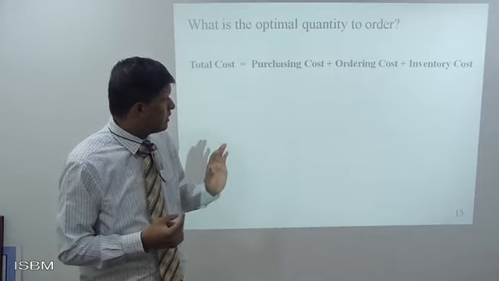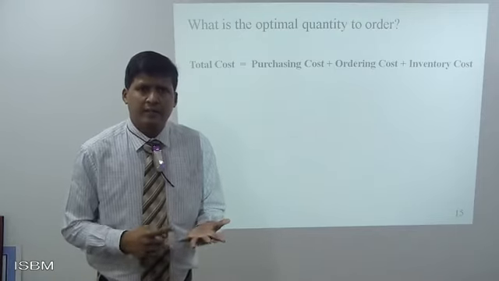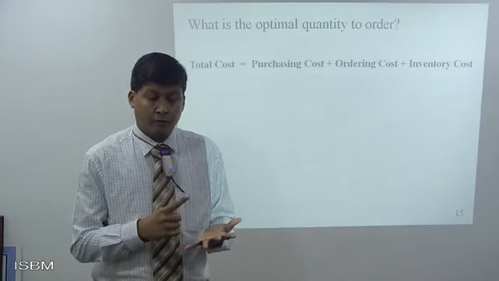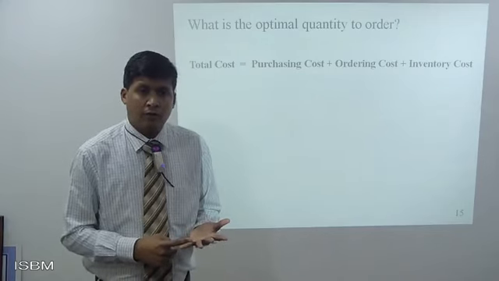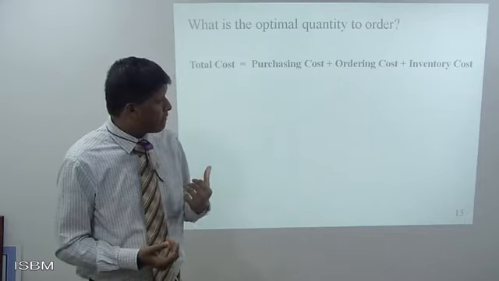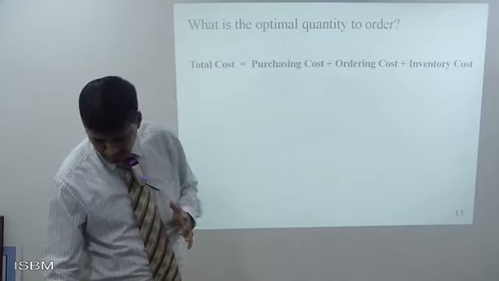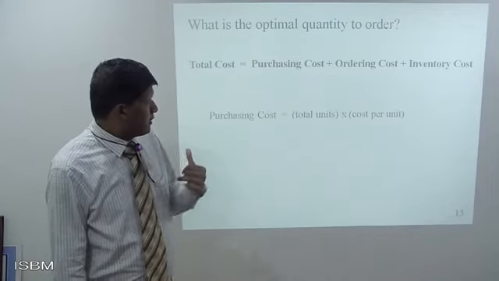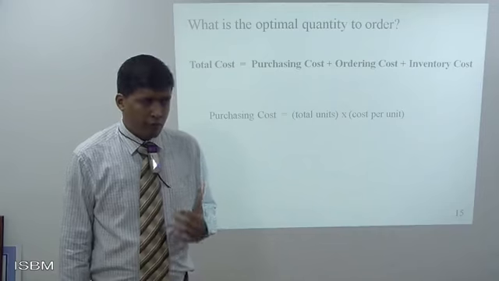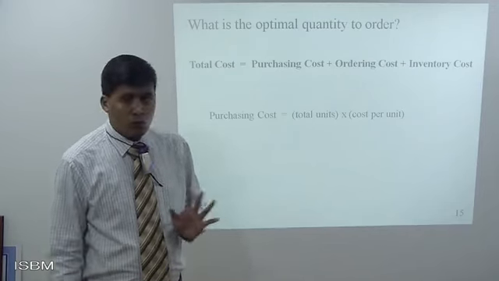What all are purchase costs? Purchase of inventories, raw materials, infrastructure, machinery, whatever is required. Ordering cost, we know there's an ordering cost, and there's an inventory cost as well. That is the total cost. So purchasing cost would be total units times cost per unit.